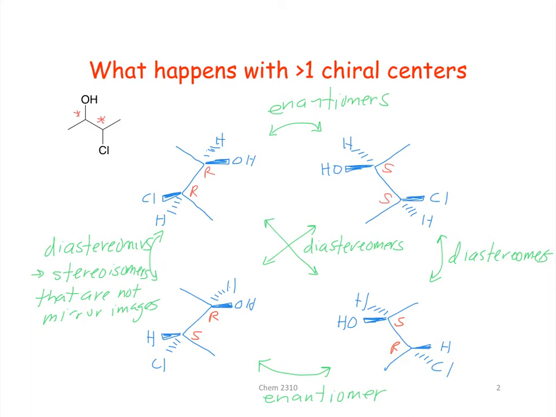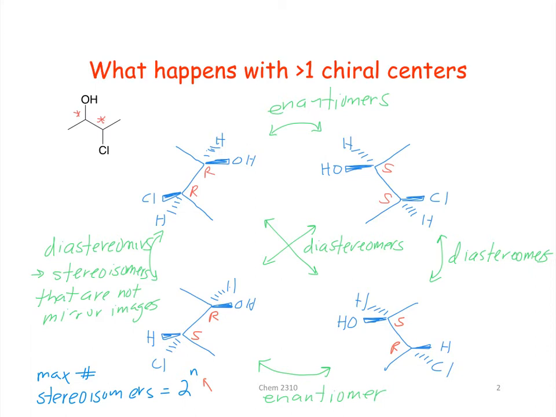All right? So this also can give us a way to determine the possible number of stereoisomers. So the maximum number of stereoisomers is going to equal 2 to the nth, where n is the number of chiral centers, or it could be just a stereochemical group.